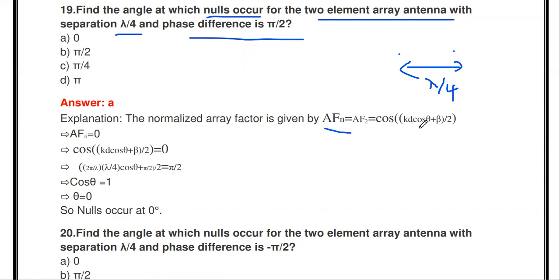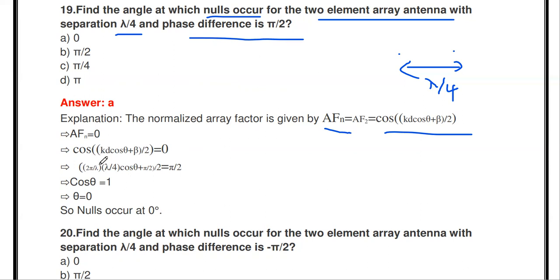So we equate cos of (k d cos theta plus beta) divided by 2 to 0, since we have to find the angle theta at which this array factor becomes 0. Then we substitute the value of d and beta.